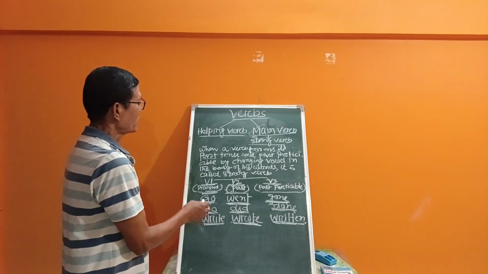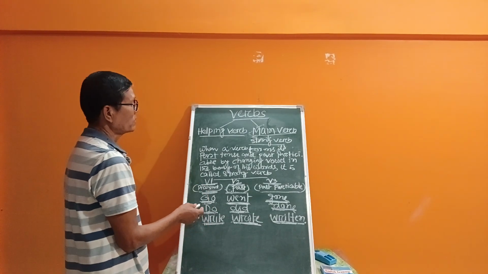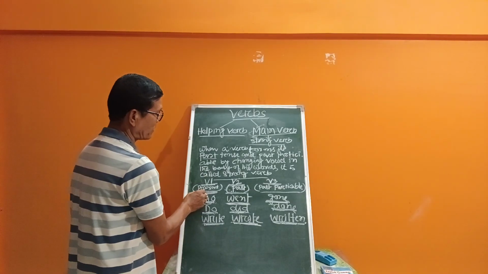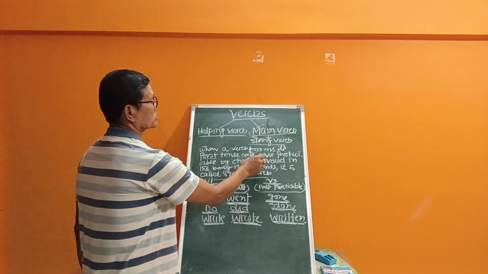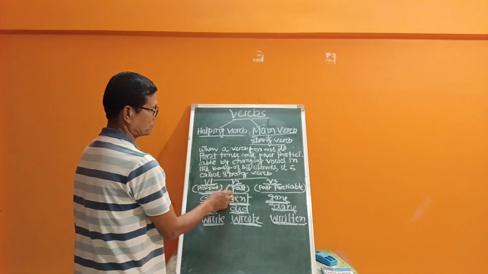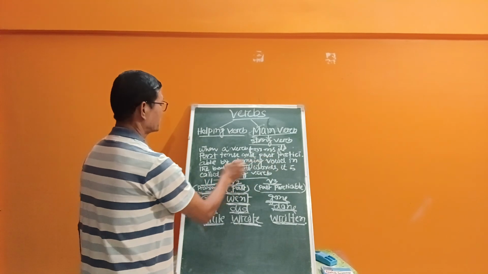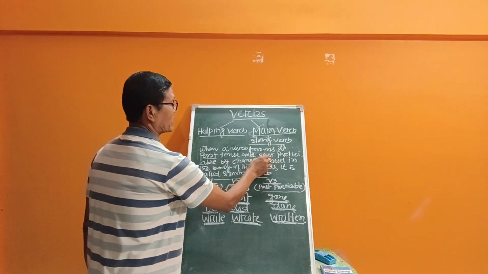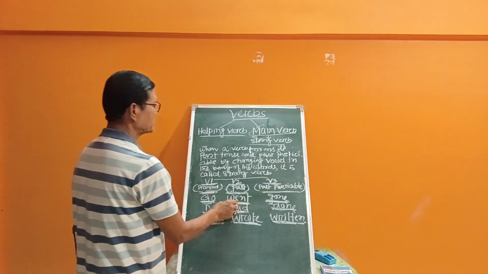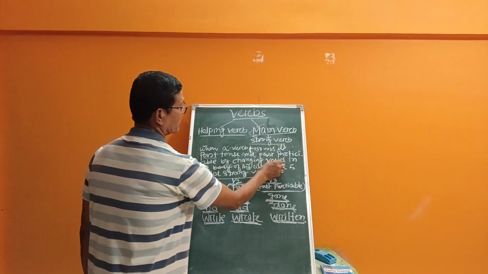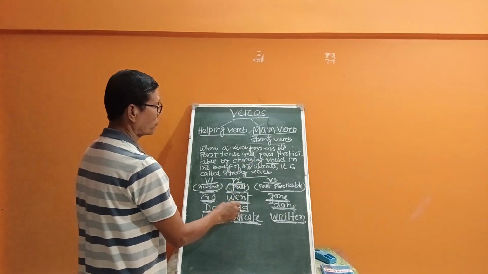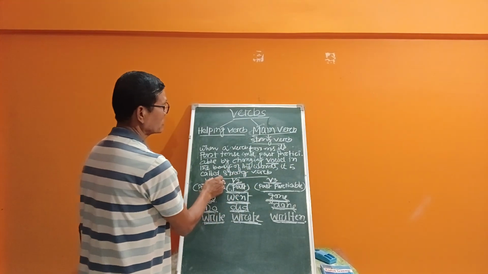I repeat again, what is the strong verb? When a verb forms its past tense and past participle by changing the vowel in the body of the word, it is called a strong verb.